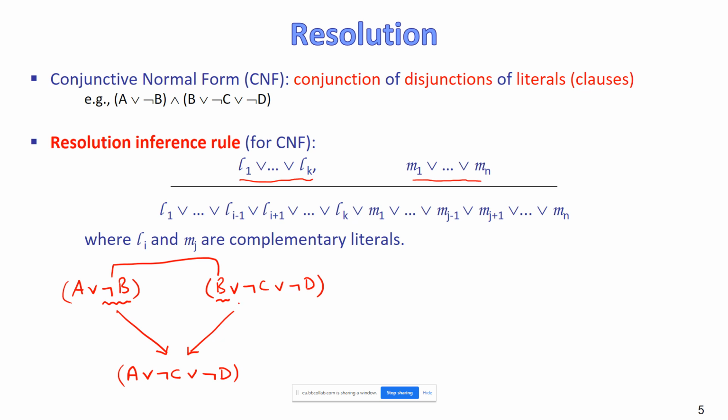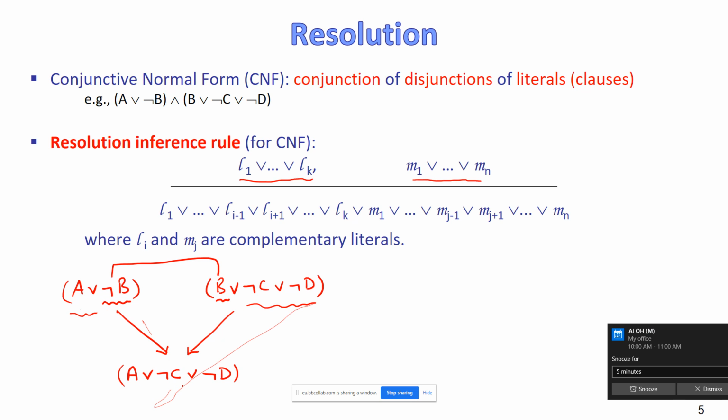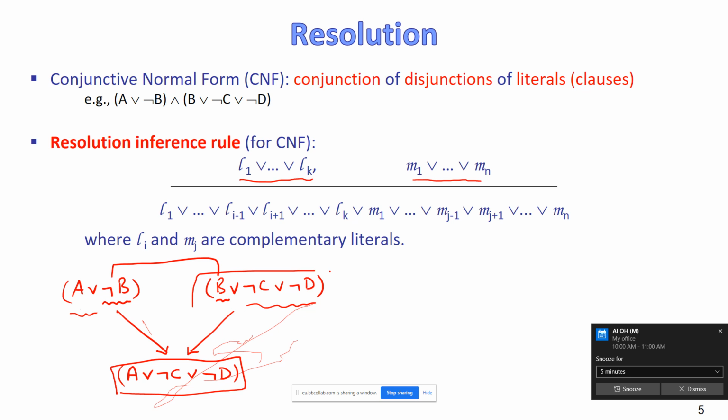If that's the case, then we infer from these two clauses a new clause that lists all the other remaining literals after canceling the identified one. So we have A from here, and we have not C or not D from here. So we infer this clause from these two clauses.